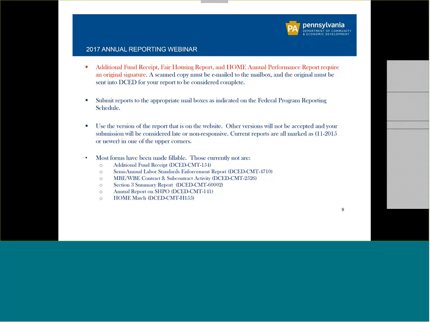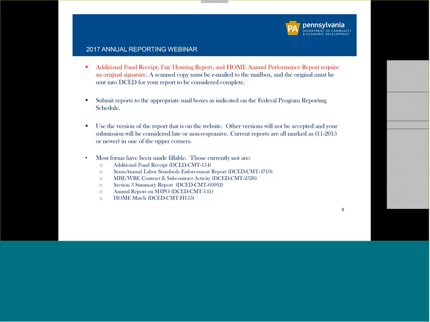Use the version of the report that is on the website. As we update them, as we make them fillable, we will enter them on the website. Right now, the reports are marked no earlier than November of 2015. So make sure that those are the reports that you are doing. A lot of times grantees just copy what they did last year and change the dates on them.